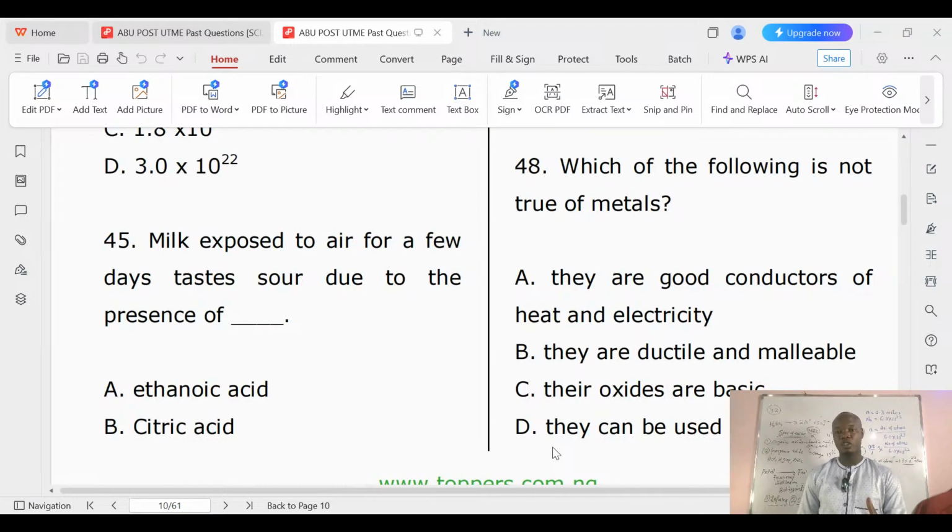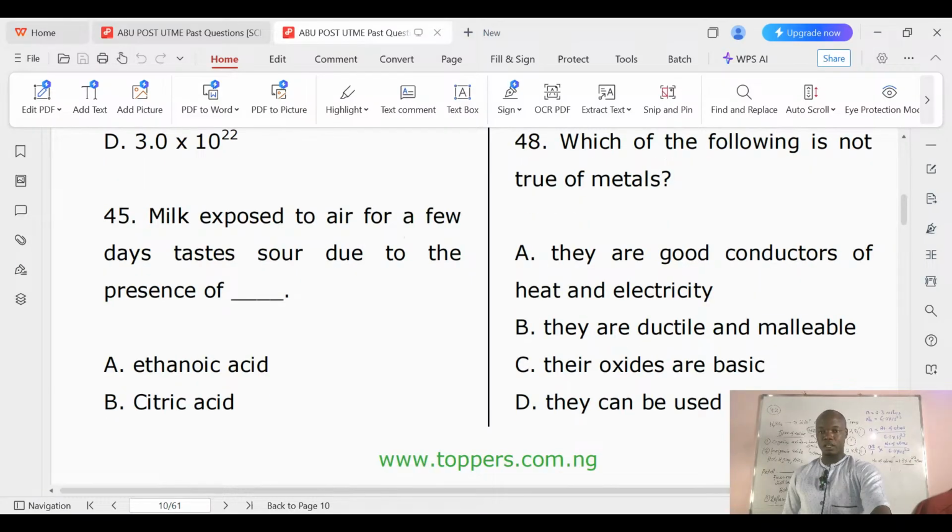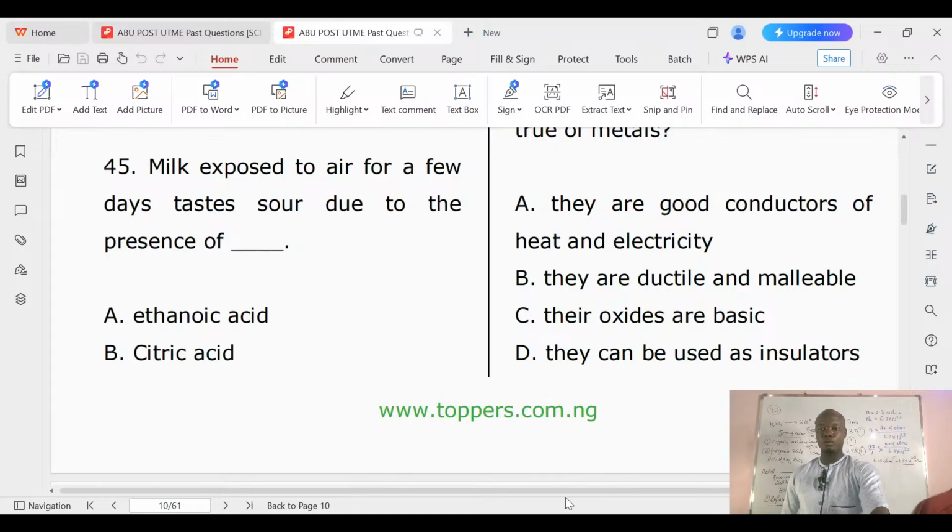Let me ask the two of you that are now joining: can we continue with this method, so that we'll be taking past question papers and then answering them together? Are you okay with this pattern? So what do you say about this?